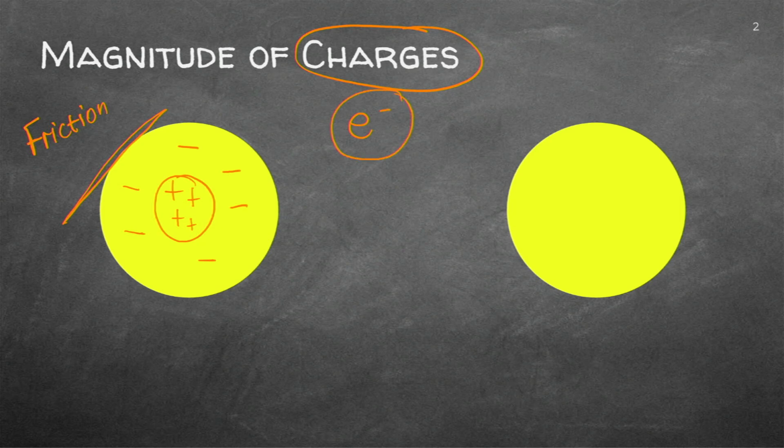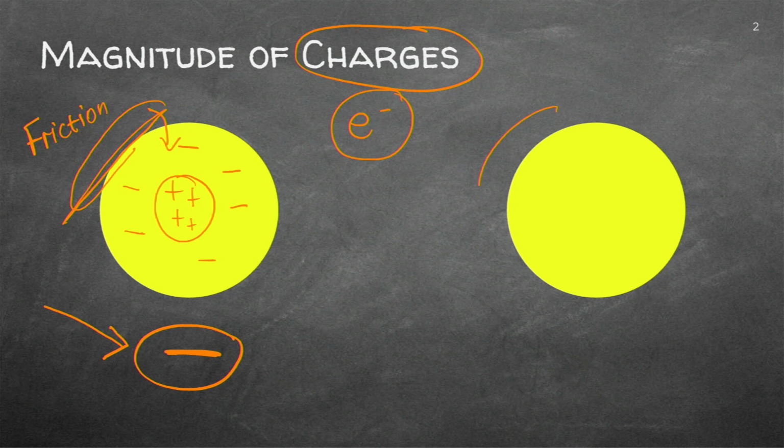So electrons can either be transferred from the cloth to the object in order for it to become negative because it was gaining electrons. Or I can take another object, wipe it against a charge, and it will lose electrons. Now, if it loses electrons, you know it will have a positive charge.